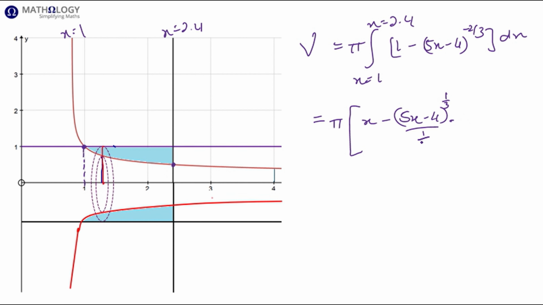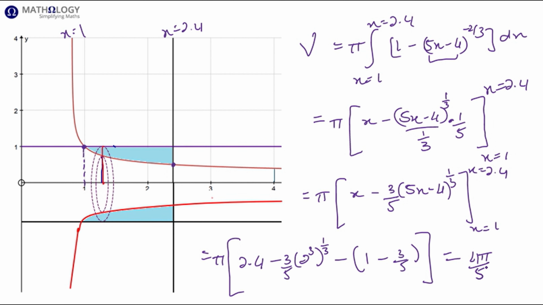So we'll just write it as division by a third, and we also multiply by 1 over the derivative of 5x minus 4, so we can multiply by 1 over 5. And this is evaluated between x equals 1 and x equals 2.4.